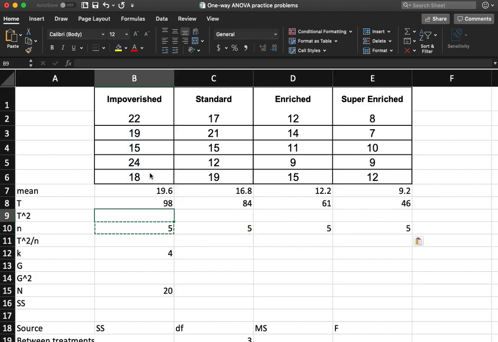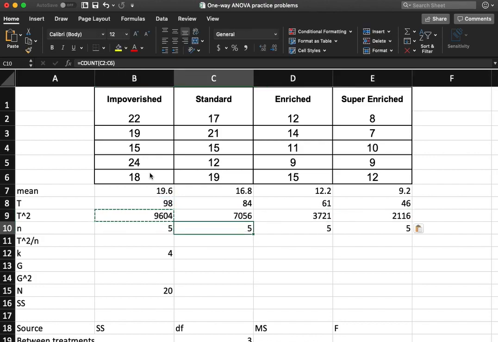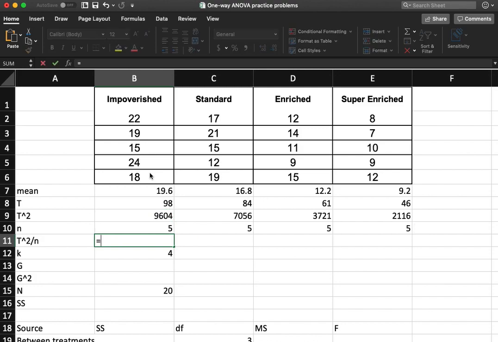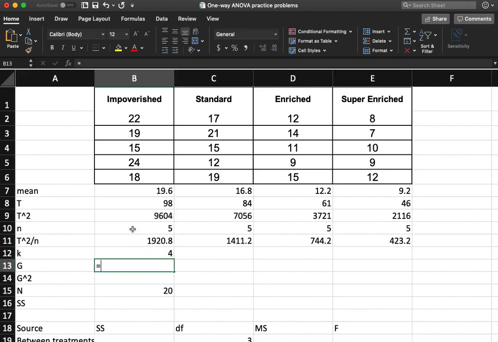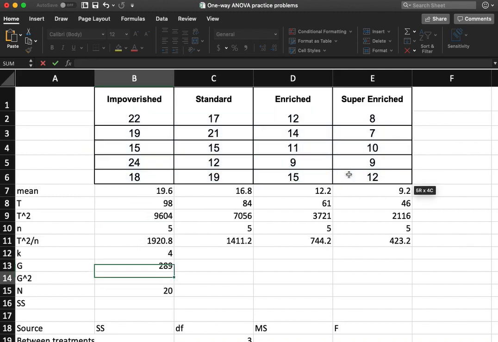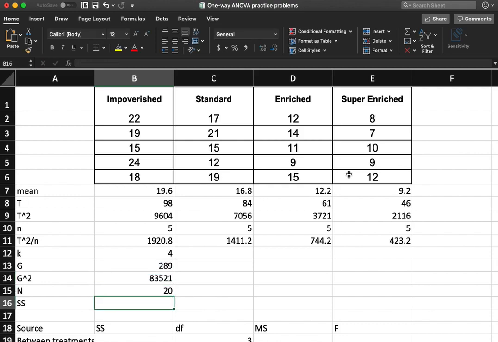And now we do T squared, and T squared over n. Copy that for 4 conditions. G is just the sum of all of these. G squared is G squared. And we'll do sum of squares later.